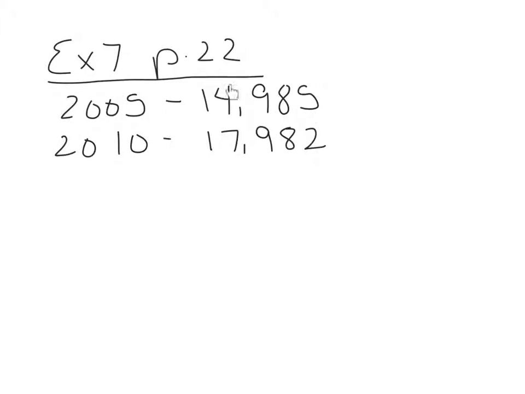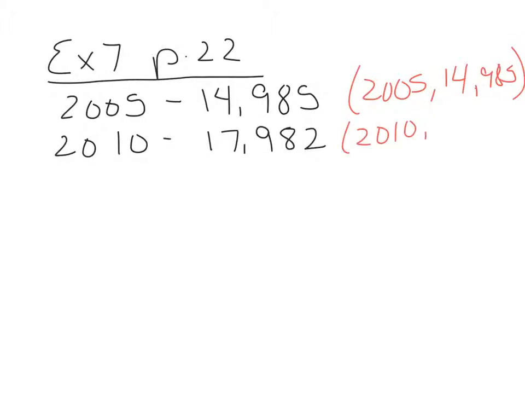We have years, we have number of students. So we're going to make ordered pairs out of these. The first ordered pair is going to be 2005 for X with 14,985 for Y. The second ordered pair is going to have 2010 for X, 17,982 for Y.